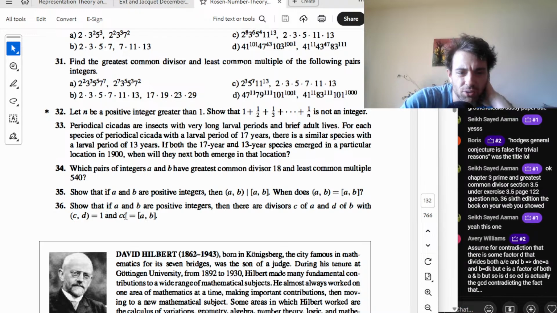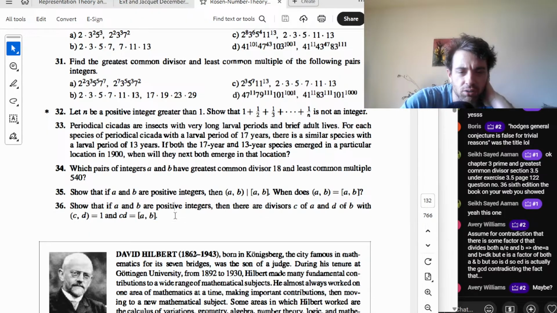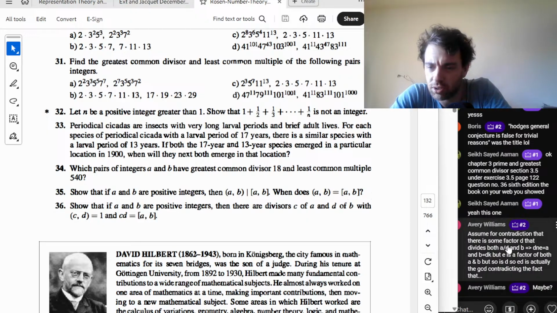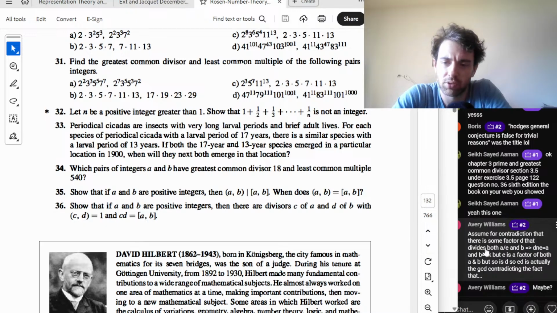And that's their notation for LCM, I guess? And whose product is the LCM of a and b. Assume for contradiction that there is some factor d of a. Well, we already found a counterexample, Avery. So the original claim can't be true.